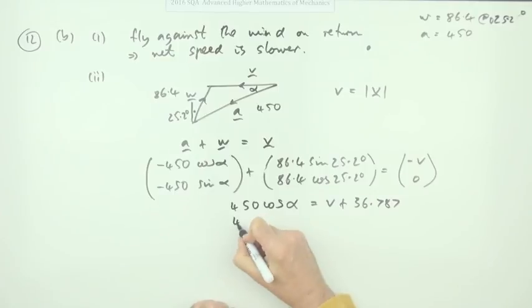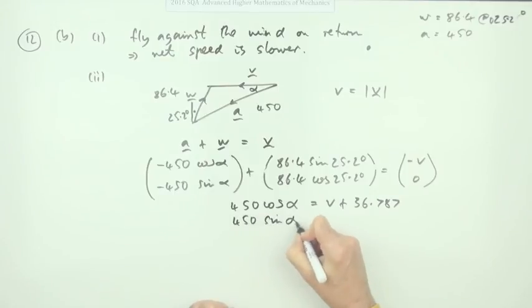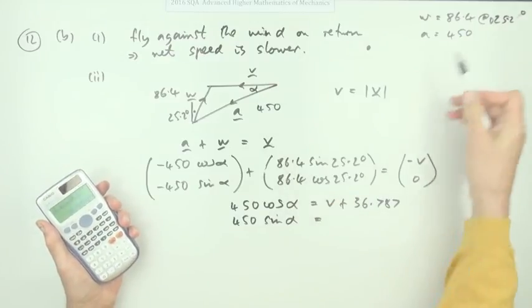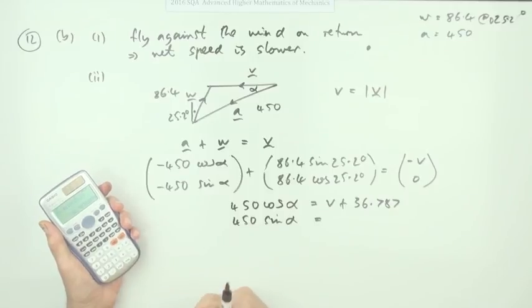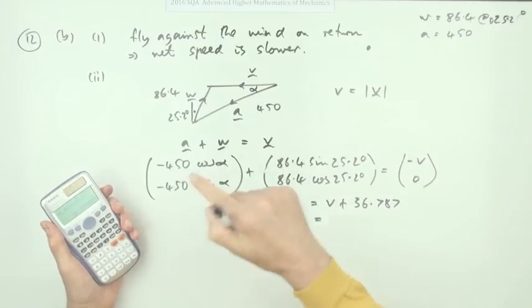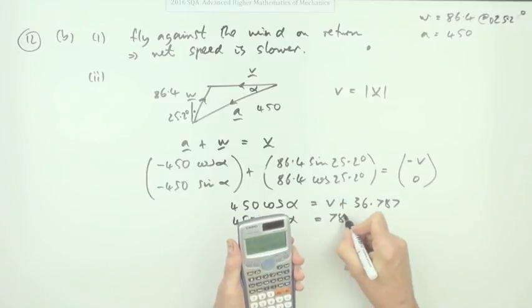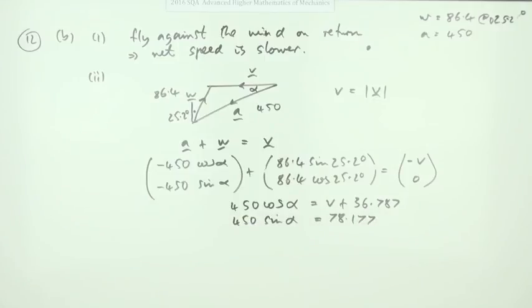Take that across, and I've got 450 sine alpha equals whatever that comes to. And here's where you'd think it'd be handy if these numbers are getting used all the time, if you had them stored under memory, like memory A, B, C, D, so you could just type in A, B, C, D instead of the whole numbers. Anyway, whatever that comes to, and that comes to 78.177.